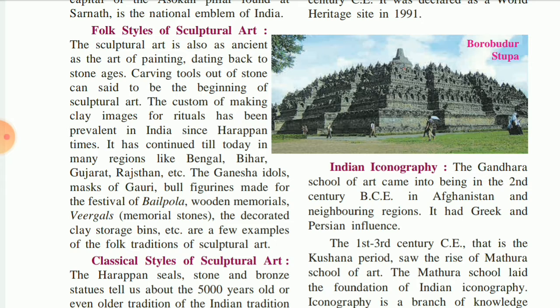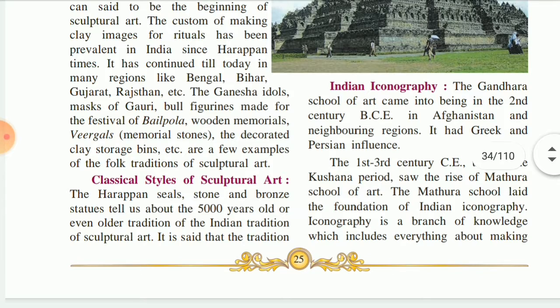In this way, at Harappan sites several things were found, such as a rattle, such as the cart and so on. Then we had also seen the idol of Lord Ganesha, a mask of Goddess Gauri, bull figures made for the festival of Bail Pola. All these are considered as folk style of sculptural art.